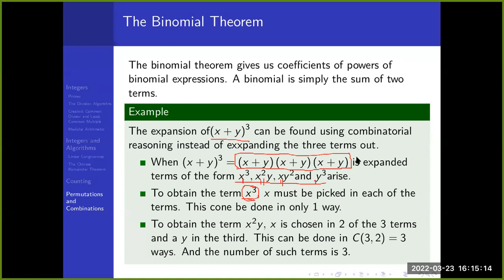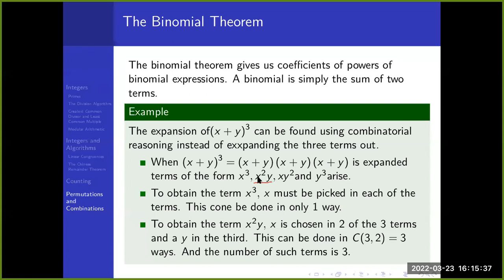Once you get all the x's, one from each, there's no other way to get x cubed. So it can only be done in one way. And therefore the coefficient of x cubed in the expansion of x plus y cubed will just be 1.